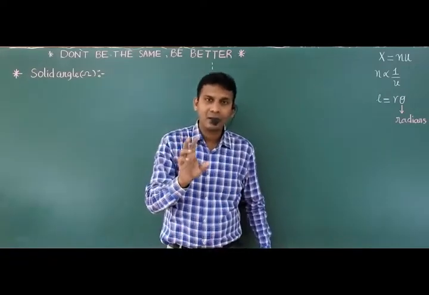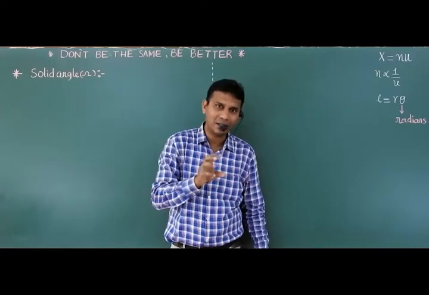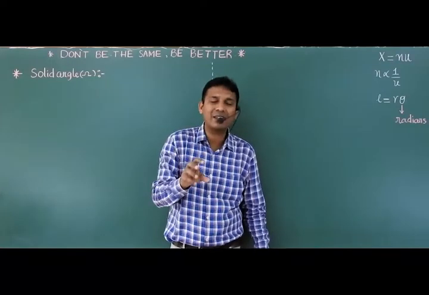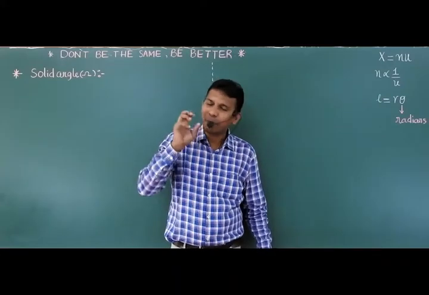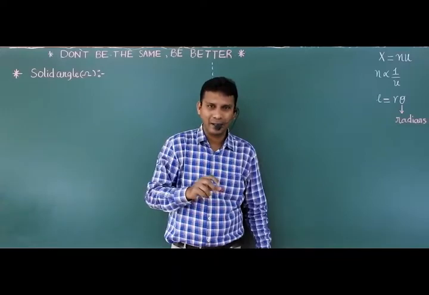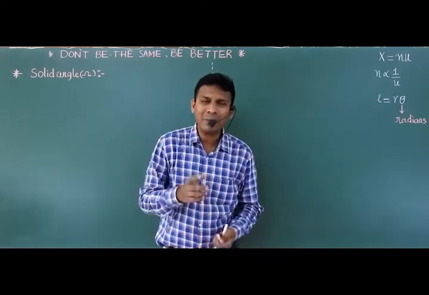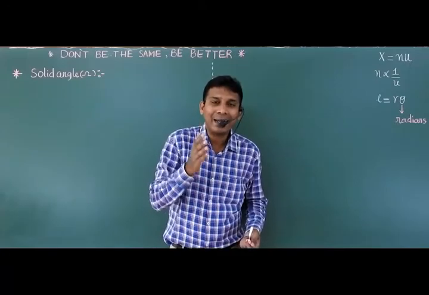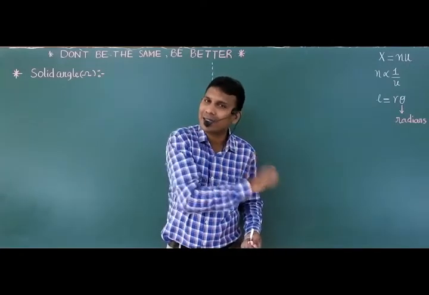Dear students, listen carefully. Solid angle, I feel it is difficult to understand this definition from a student's point of view, but I will explain in a proper way with some model. Don't worry about solid angle, right? What is meant by plane angle? It is the angle subtended by an arc of a circle at its center.